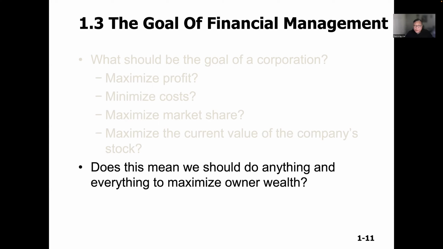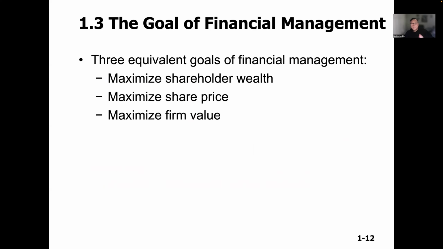Does this mean we should do anything and everything to maximize the owner's wealth? Basically, some of the goals are kind of in the same direction. Think about it: if I want to maximize the wealth of the shareholders, how can I do that? Well, if you maximize the firm's value, then the stock price will go up, and then the shareholders' wealth will go up, because the shareholders are holding so many shares.